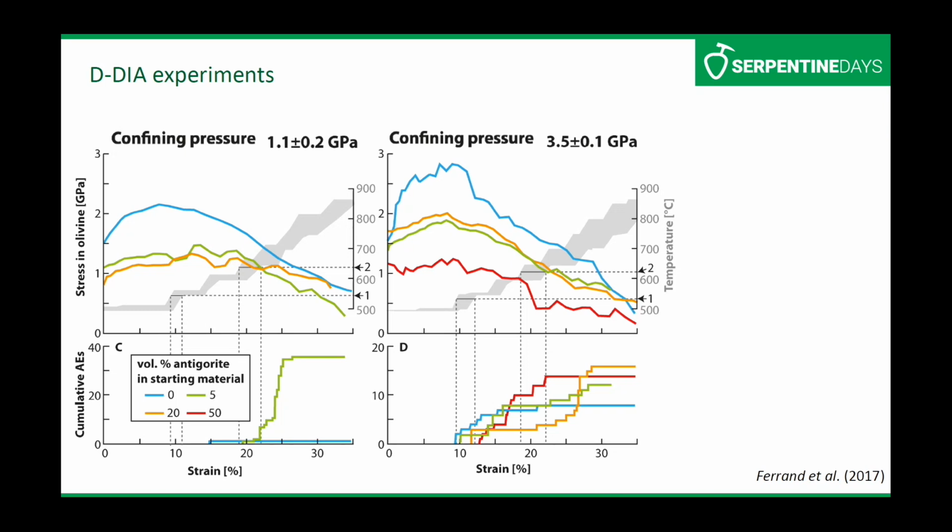But in the red curve, so with 50% of antigorite, we have a stress drop during the dehydration, which means that we have a full connection of the serpentine network from top to bottom of the sample. Next slide, please.